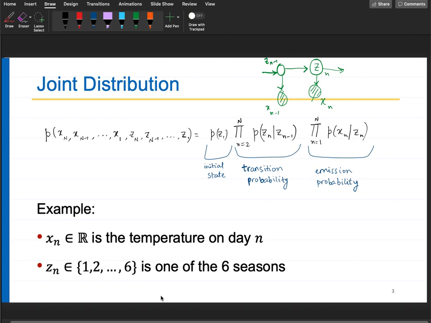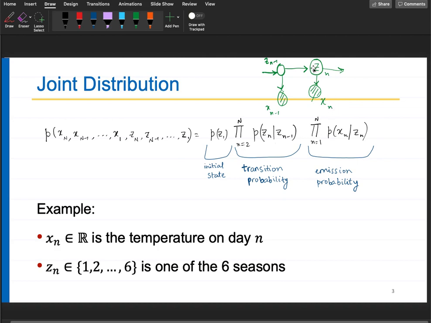So basically you start with Z1. Z1 is here. What is the next term? X1 given Z1 is also here. Next term will be Z2 given Z1 and X1. And Z2 given X1 won't appear because Z1 is given. So Z2 given Z1 is here. Then X2 given Z2, Z1, X1.